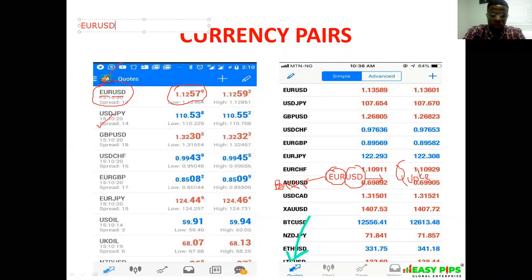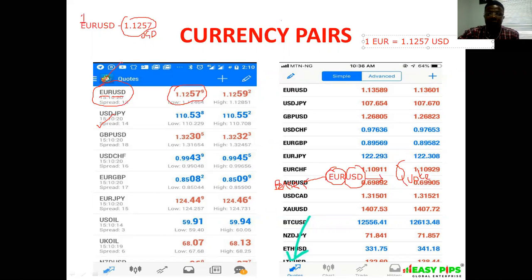EUR USD 1.1257. What this simply means is that for you to get 1 euro, you need 1.1257 US dollars. Let me write it out here again. 1 euro equals 1.1257 USD.